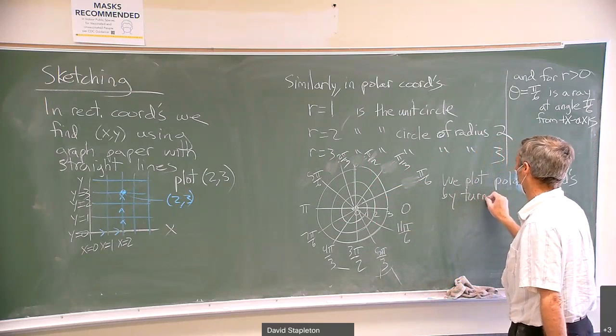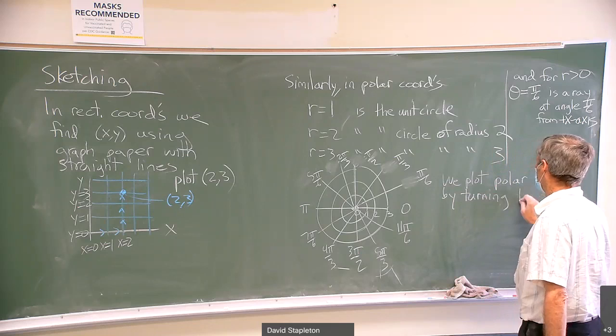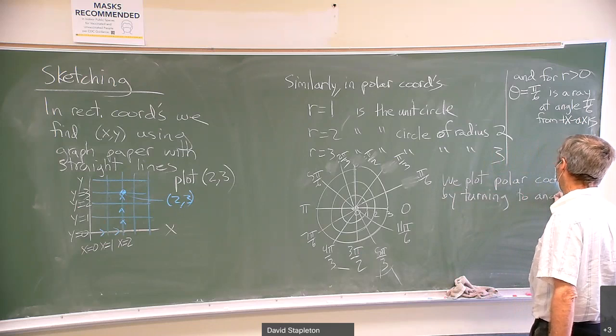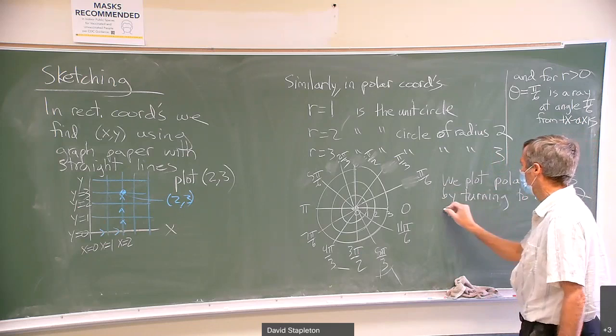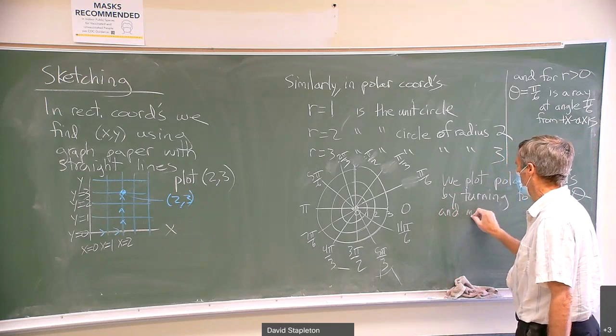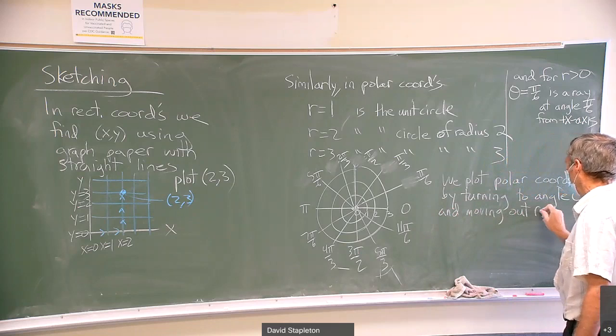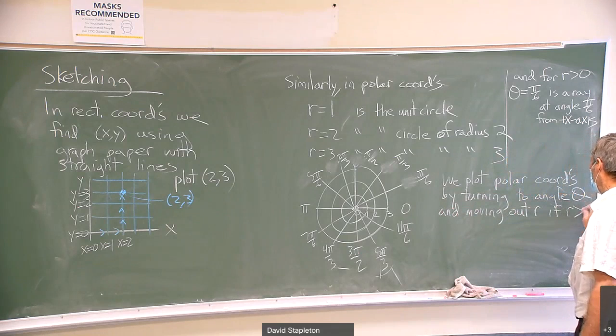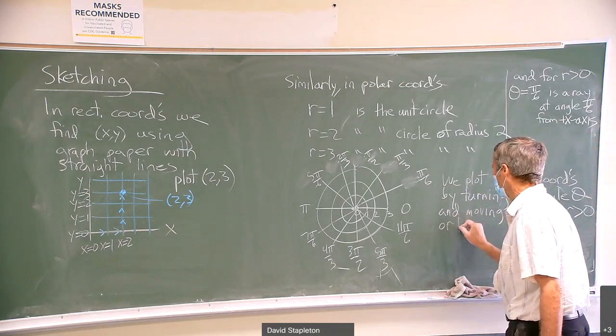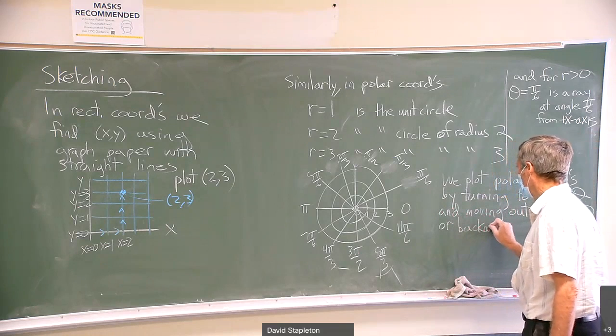Write that down: turn to angle theta and move out forward r if r is positive, or backwards absolute value of r if r is negative.